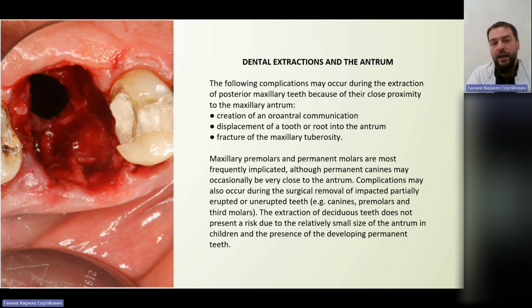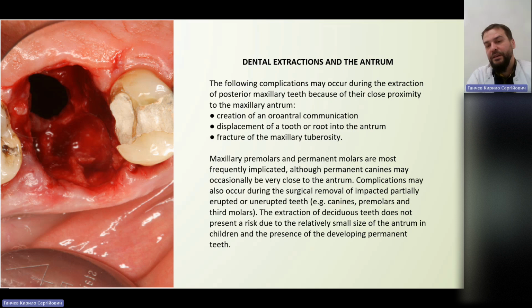A bad result could be the creation of an oroantral communication. That's a huge problem, and displacement of a root into the antrum. That is a huge problem. And fracture of the maxillary tuberosity is less huge, but still a problem.